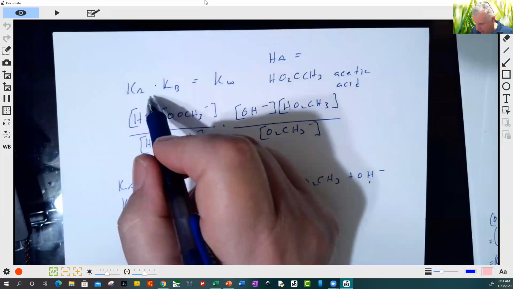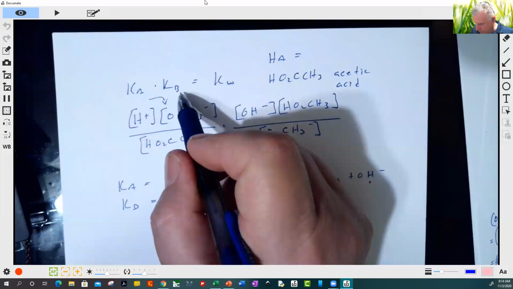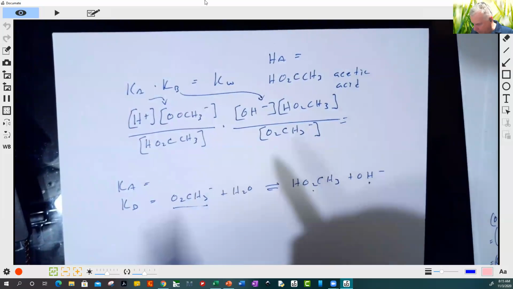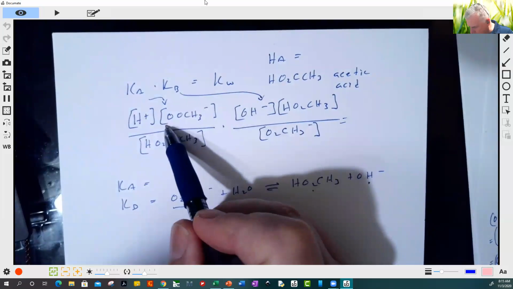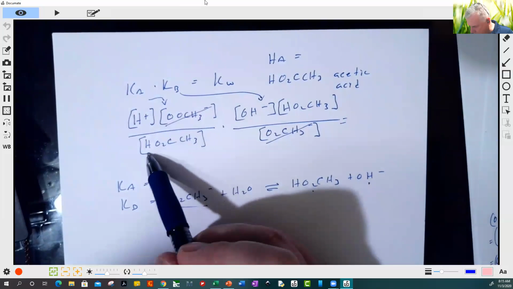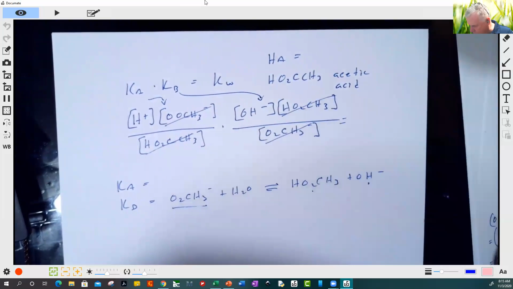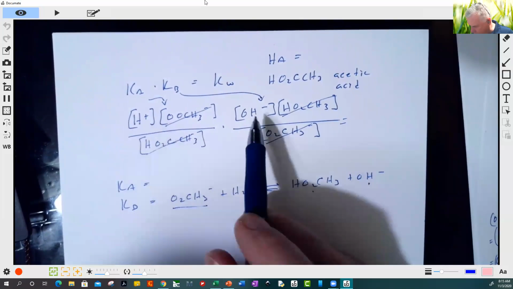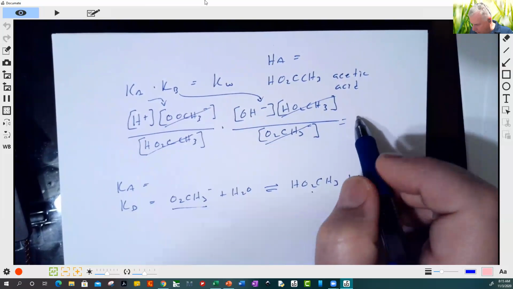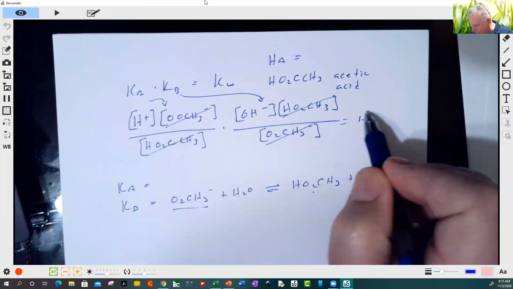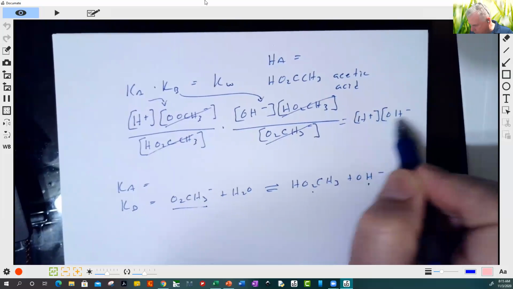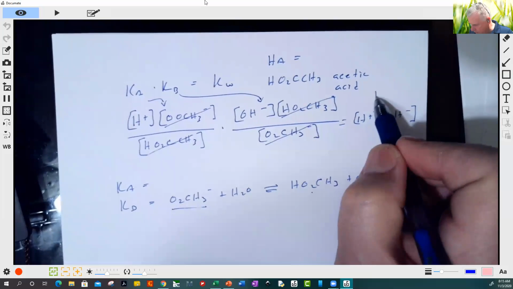This is Ka, this is Kb, and this is going to equal Kw, right? Because this species here cancels with this one. They're the same. This guy here cancels with this one because they're the same. And all we have left is Kw, which is H plus times OH minus. This is Kw.